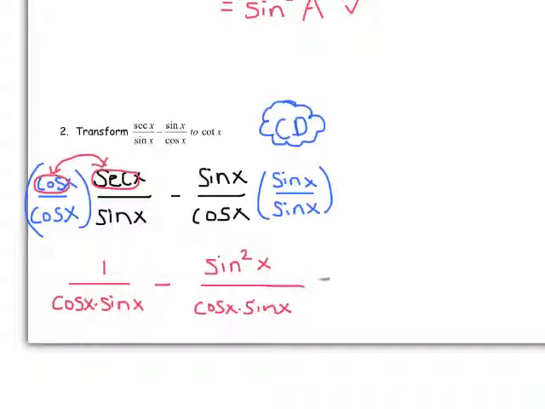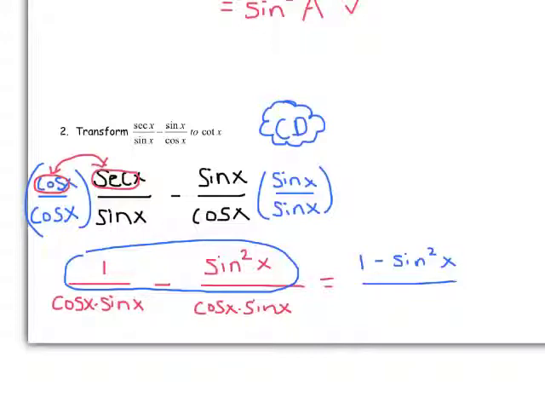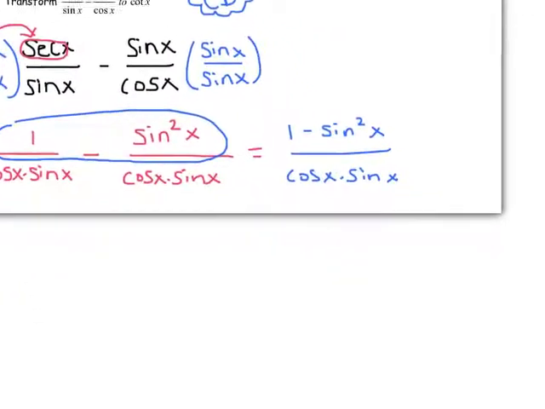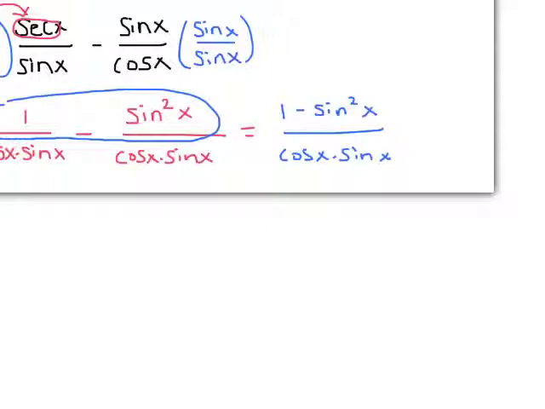Alright, so the reason why we got a common denominator was to add across the top, or subtract in this case. So that makes 1 minus sine squared all over cosine times sine. All right, and now at this point, if this is the point that you get stuck, then honestly, you went a really, really far way, and you should be really proud of yourself.